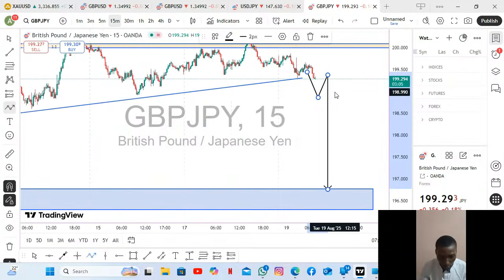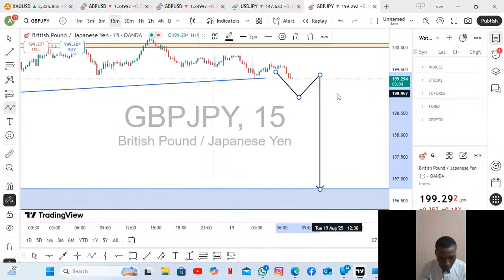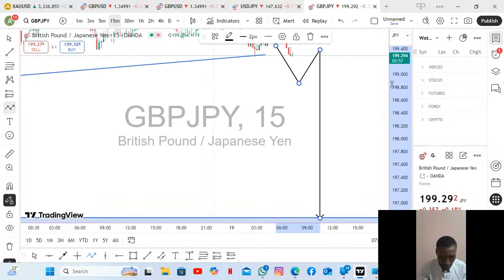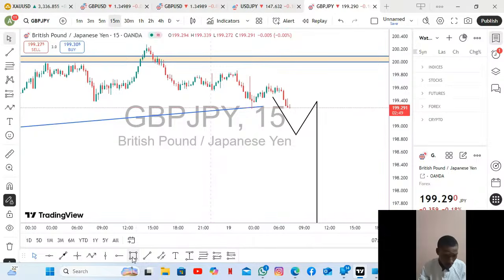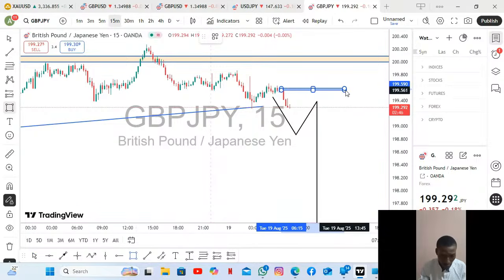So what we are looking at in front of us now is we expect that at this point, the trade I'm seeing here is the market might come test this order block.